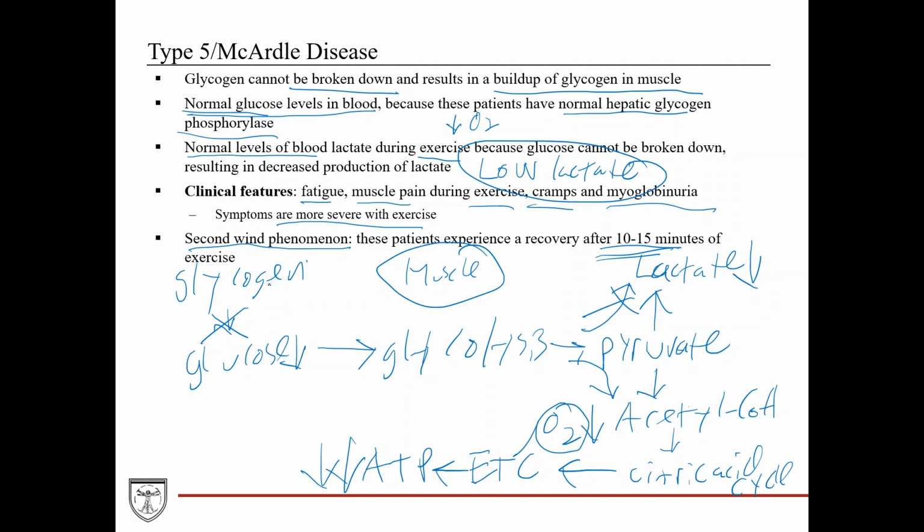So instead of using glucose and glycogen, the muscle switches towards using fatty acids or even protein to feed acetyl-CoA, and then you get acetyl-CoA from these other sources, which goes through the citric acid cycle and eventually produces high levels of ATP. That gives you this second wind to keep going and have more tolerance for exercise after pushing through about 10 to 15 minutes. So that's very characteristic of McArdle's disease.